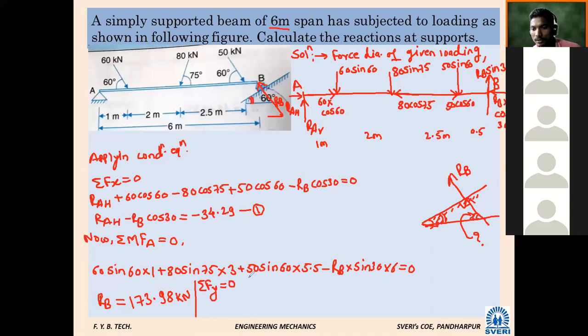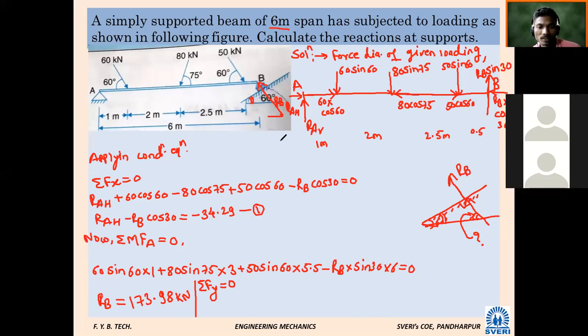Have you got the same? Yes, sir. Okay. Which value will we get by applying summation FY? RAV. So can anybody tell this equation now?